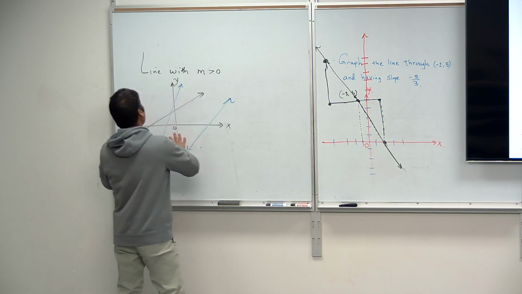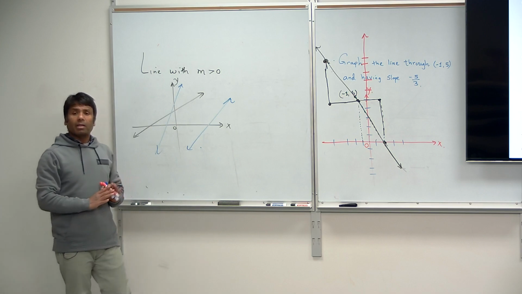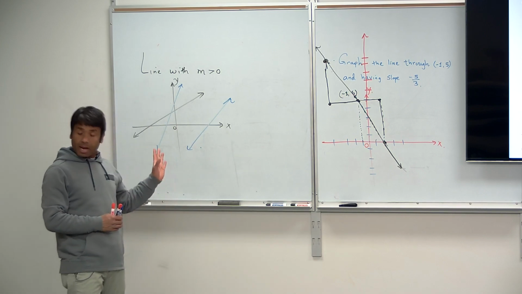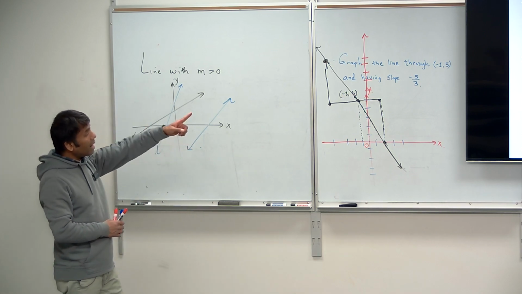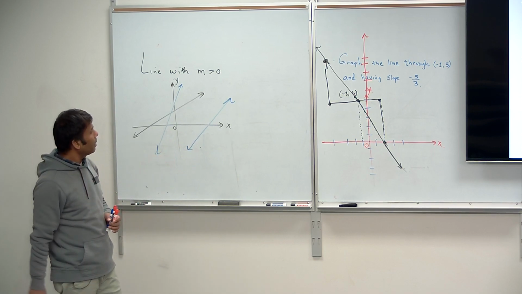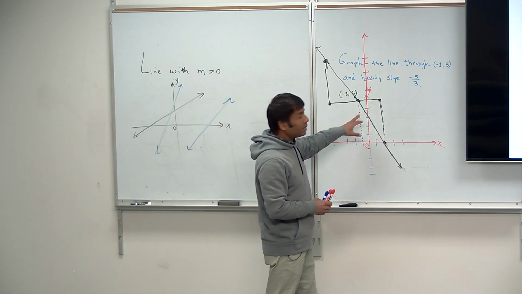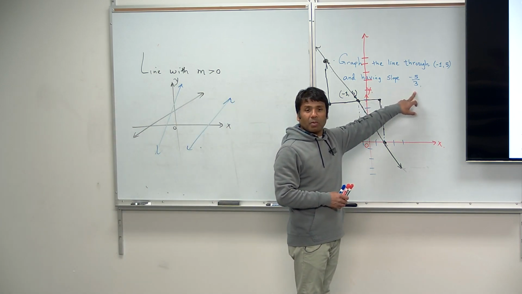If the line has a positive slope, the line will be increasing on the entire domain. If you have a line with negative slope, look here. This is the line with negative slope, right? What is the slope here? Negative 5/3, is that right?